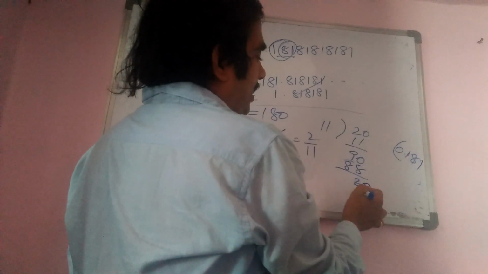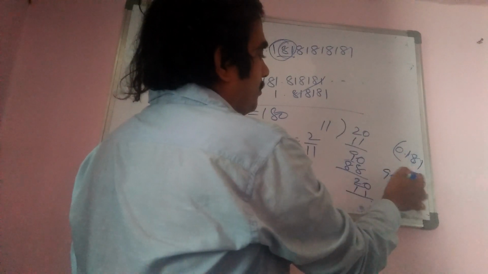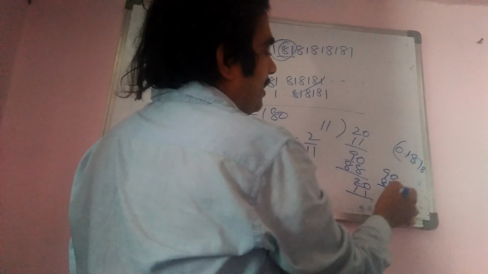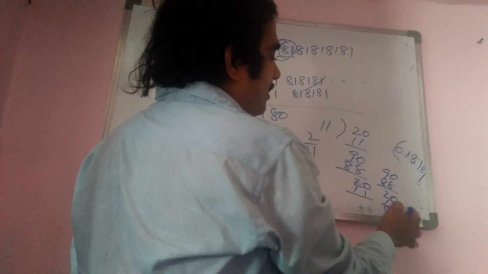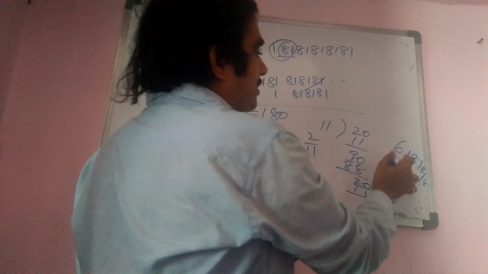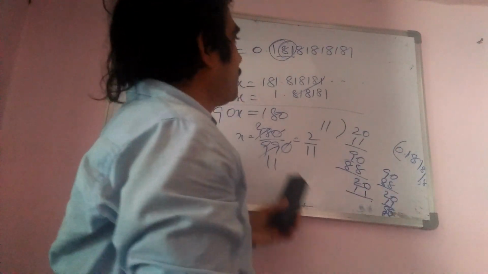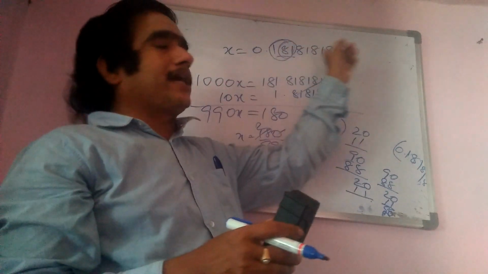Again 11 1s are 11. 90. So 11 8s are 88. Again 2 0. Again 11 1s are 11. 90. Again 11 8s are 88. So 18 18 18 81 81 81 will come. So understood it or not? So it is a mixed recurring decimal.